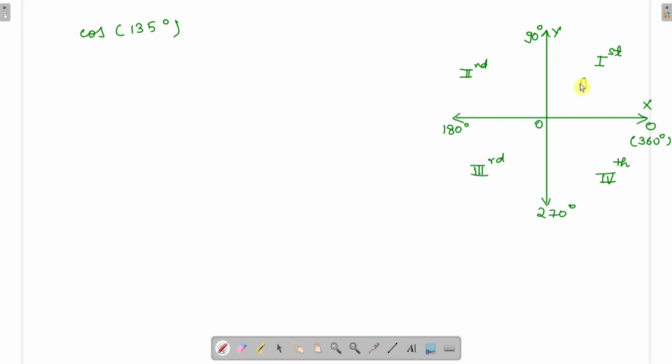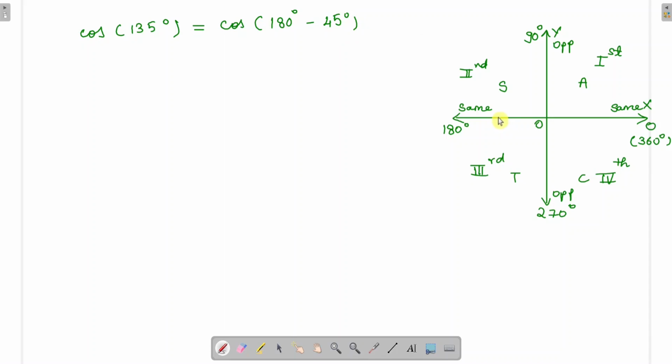Here all ratios are positive, here sine is positive, here tan is positive, here cos is positive, so all silver teacup. Okay, then whenever we go from x axis to any quadrant, the ratio remains same. Whenever we go from y axis to any quadrant, the ratio becomes opposite. Now cos 135 we can write as 180 degree minus 45 degree, right?